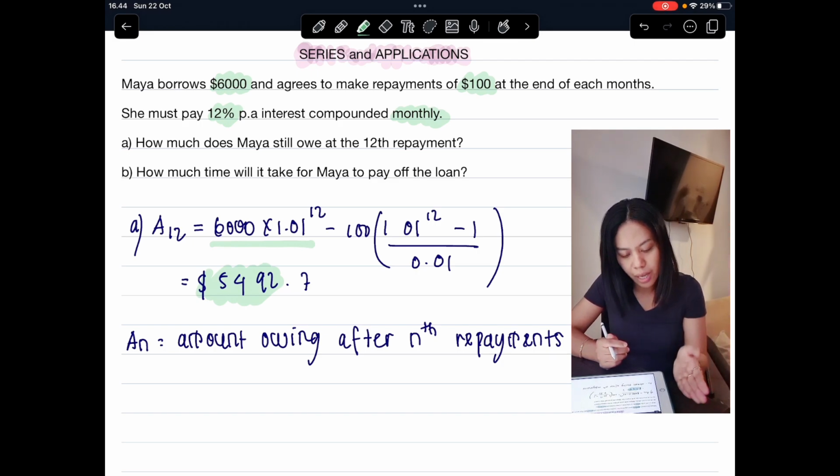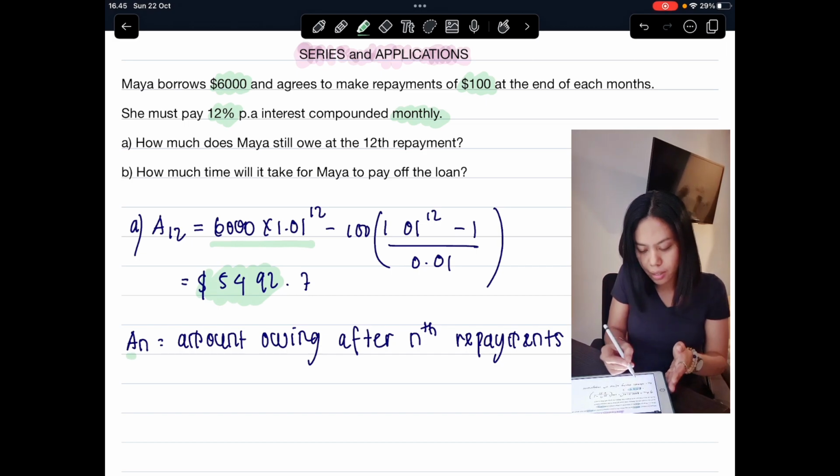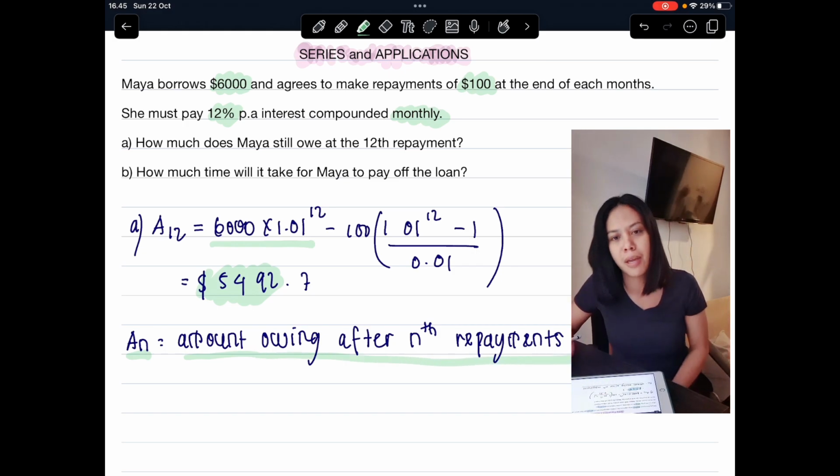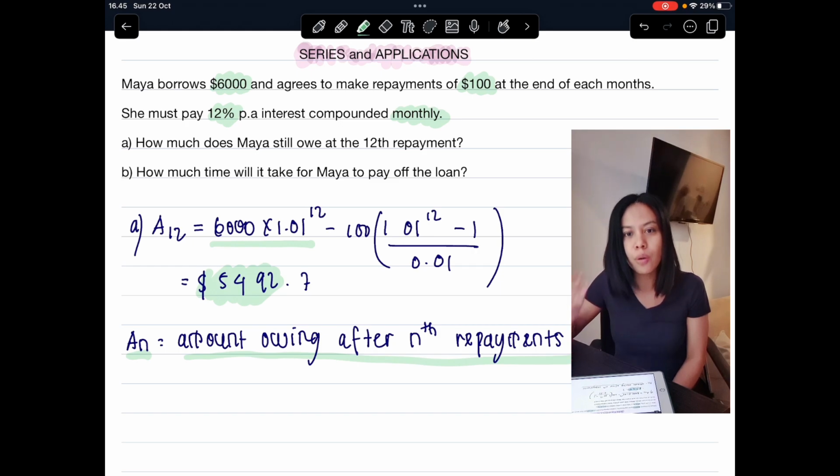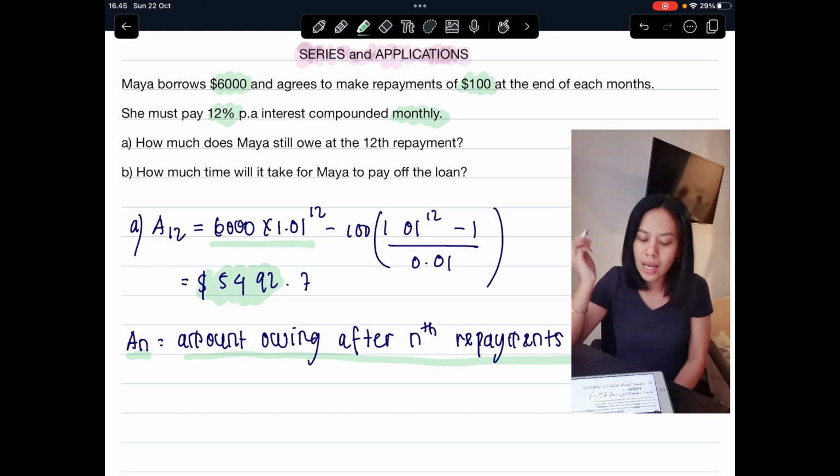If A12 is the amount still owing after the 12th repayment, then An is going to be the amount owing after the n repayments. This understanding is going to help us do B. The question asks how much time it takes for Maya to pay off the loan.